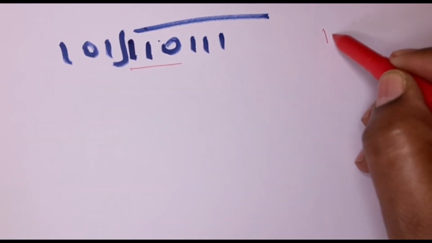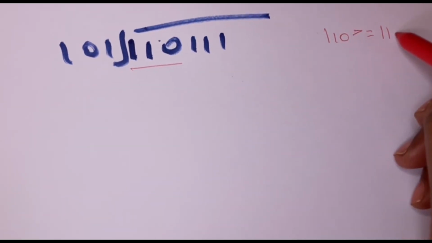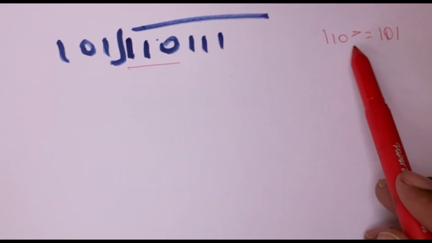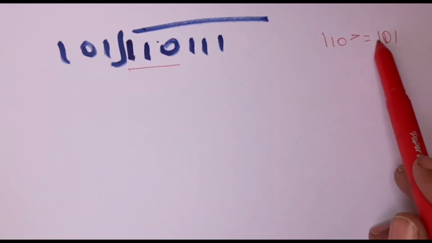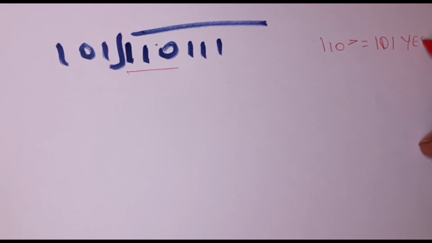Let's check: 1, 1, 0. Is it greater than or equal to the divisor 1, 0, 1? Is 1, 1, 0 greater than 1, 0, 1? Yes, it's greater.